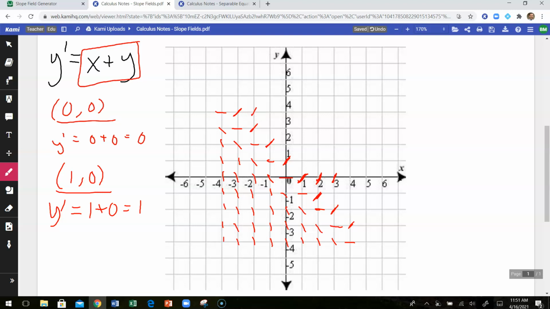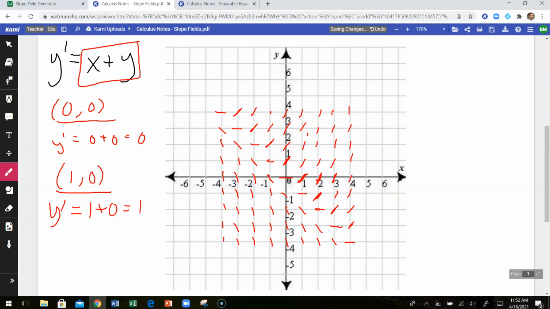And again, I'm going to do the same thing. I'm going to make these be steeper in the positive direction as I go up, but then, again, steeper and steeper as I keep going up on this diagonal until we get to the very top up here where it's going to be essentially a vertical line. Okay, and we see this slope field.